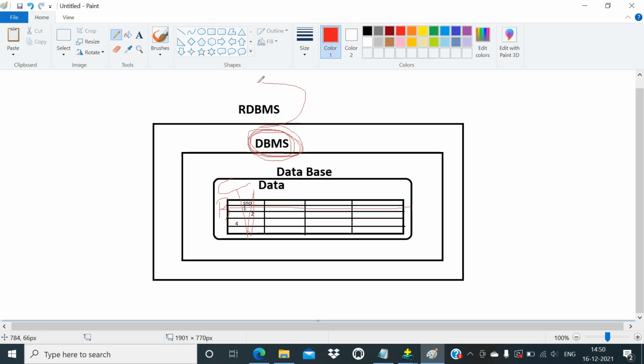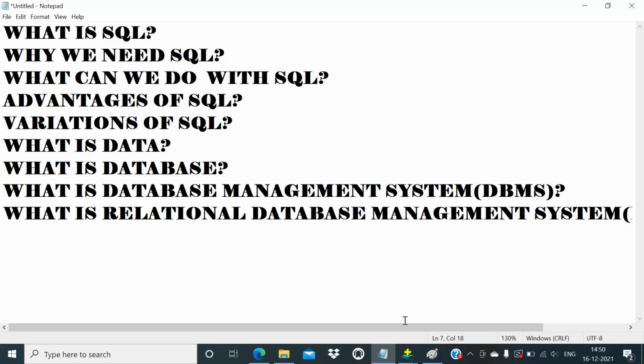So RDBMS is a type of software where data will be stored in form of tables. Here you may get a question: why will data be stored in form of only tables? Okay, let us discuss.